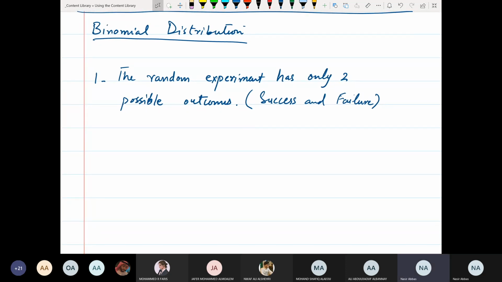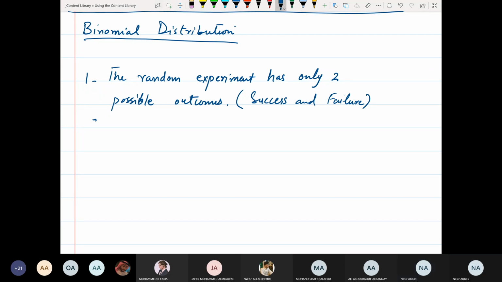If you have such experiment which has only 2 possible outcomes, success or failure, number 2, probability of success remains fixed.